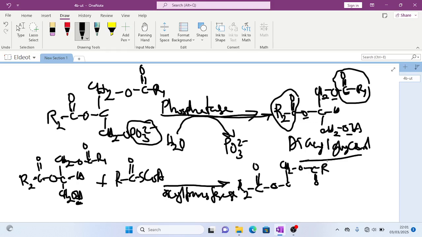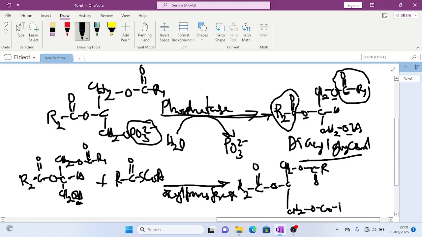Right. Okay, so this triacylglyceride or triglyceride.